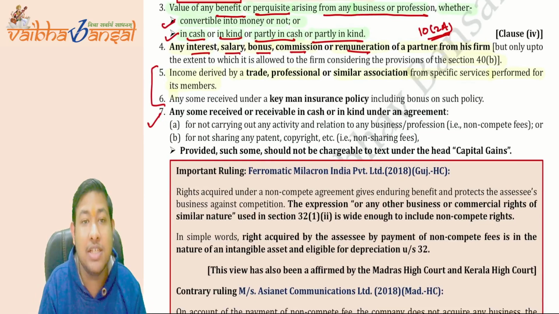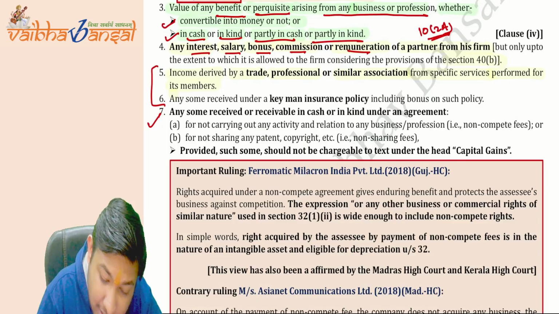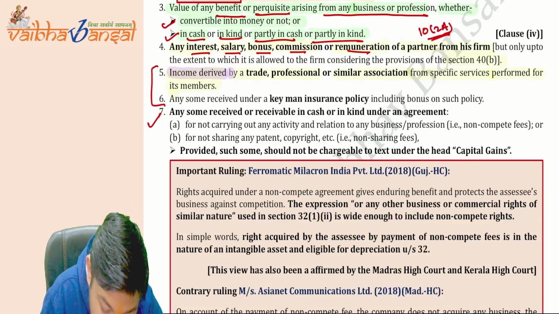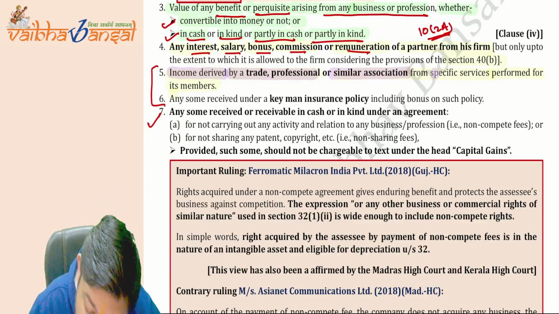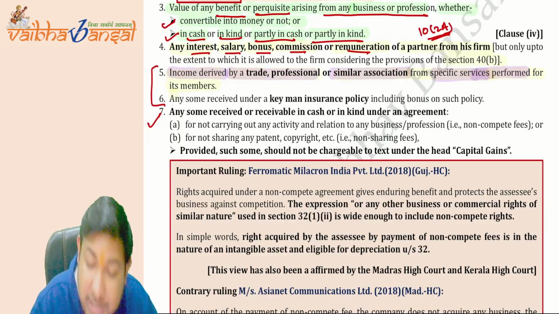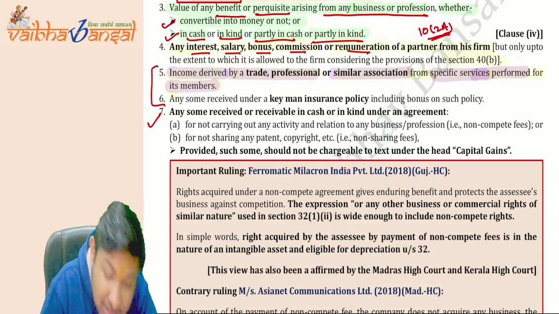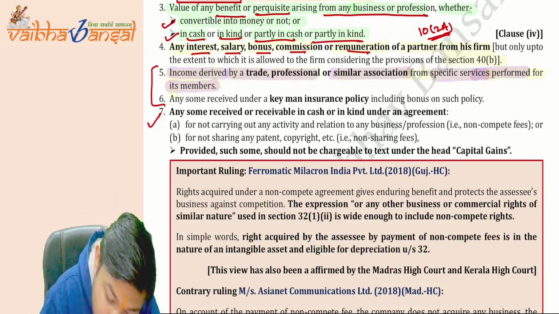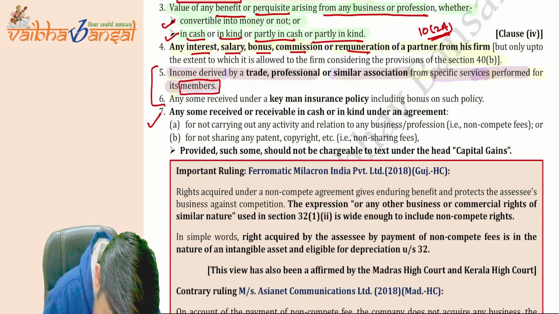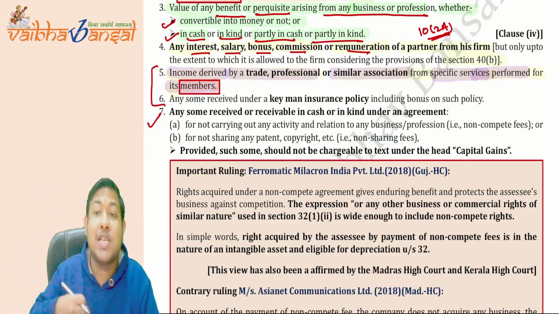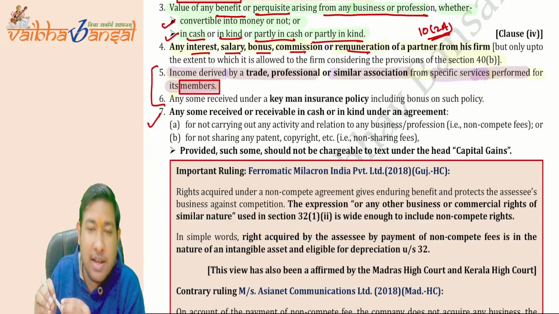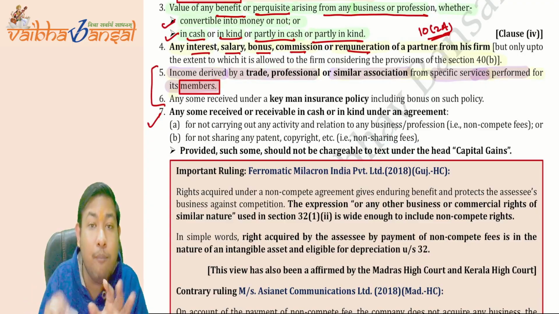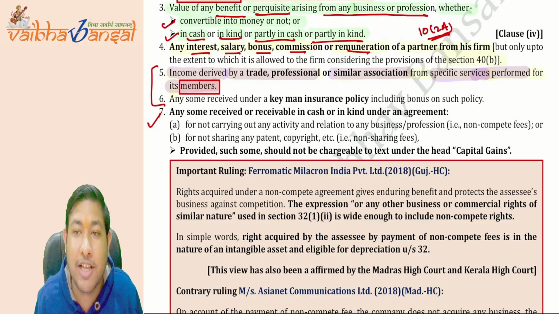This is because of this fifth point. What it says: income derived by a trade, professional or similar association from specific services performed for its members. The important word is members. Y Association specifically performed services on my behalf; it arranged Mr. Ram Jethmalani to defend my case.